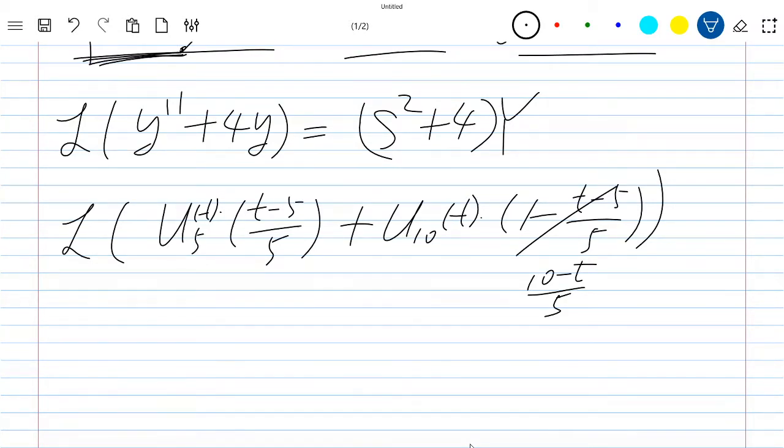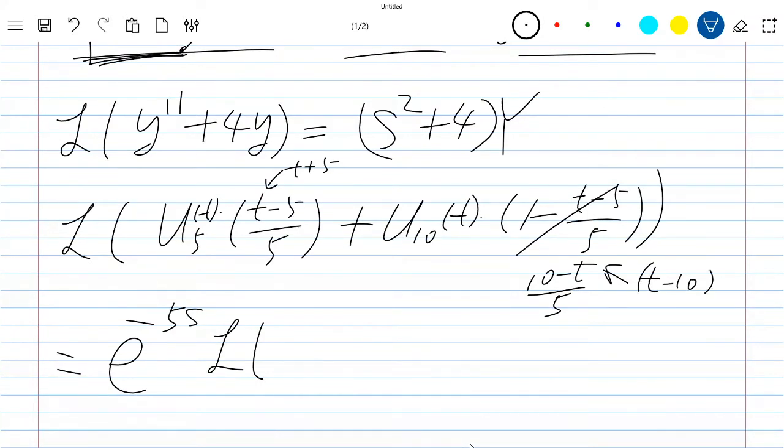Alright, so let's see what we have. The first term, you have e to the negative 5s. Then, do you remember what to do? You have to write down the transform of, you replace t by t plus 5. And this one, t by t plus 10. So this is t plus 5 minus 5, so just t over 5. And this one you have e to the negative 10s.